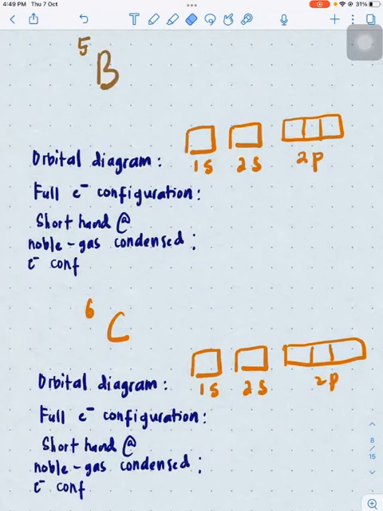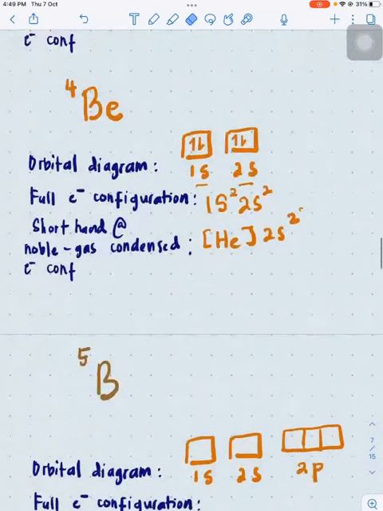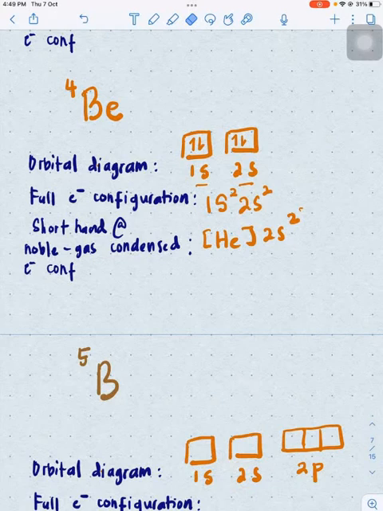Okay? Madam. Yes. Yang 4 yang atas tu. Kan kalau yang 1s kuasa 2 tu sama dengan He kan? Sebab dia kuasa 2. Ya. Kenapa yang 2s kuasa 2 tu pun tak tukar? Nak tukar dengan apa? He juga. Tapi dia 2s2 tak sama dengan 1s2.